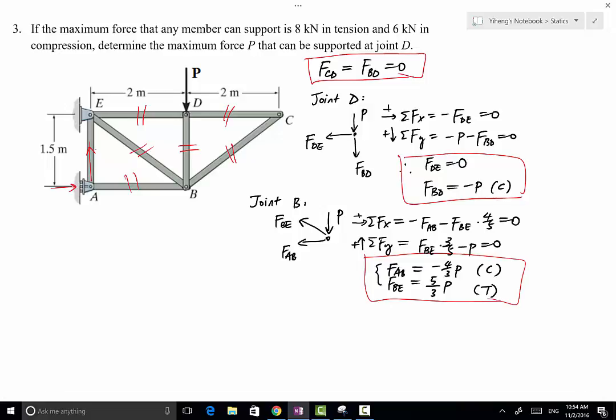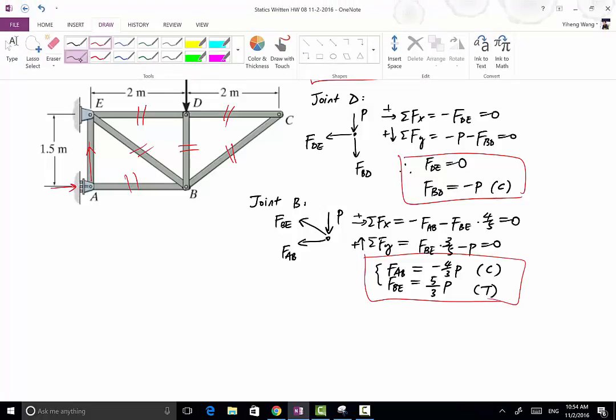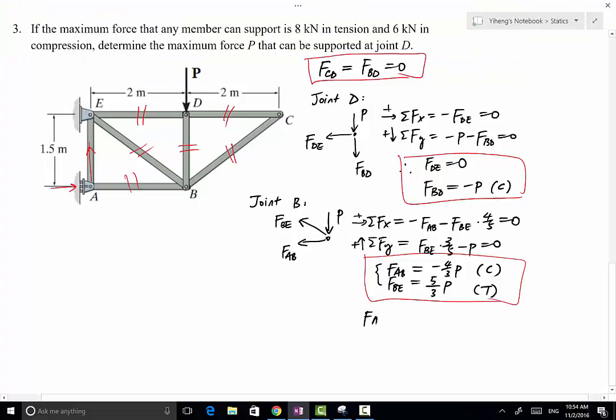Therefore, from there, we can determine that FAE is also 0. So now we have already solved for all the forces in all the truss members, not as absolute values, but as expressions of P. So FCD, FBC, FDE, and FAE are all zeros.